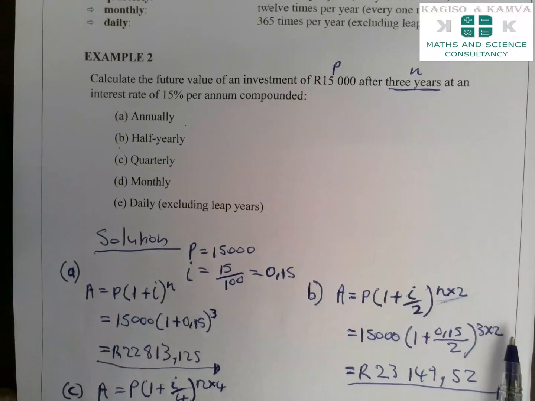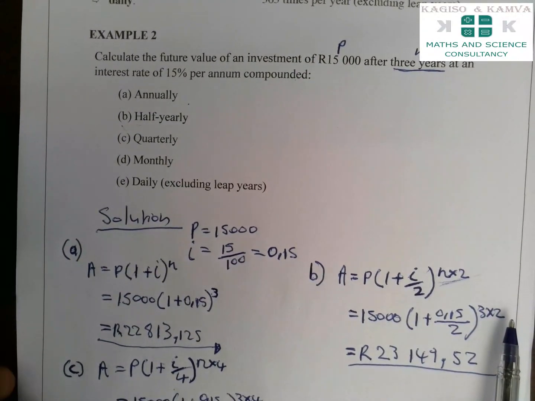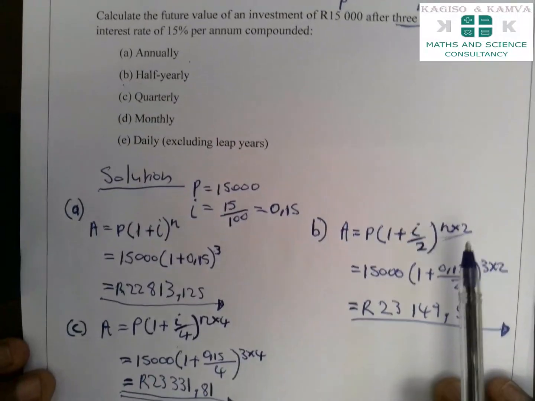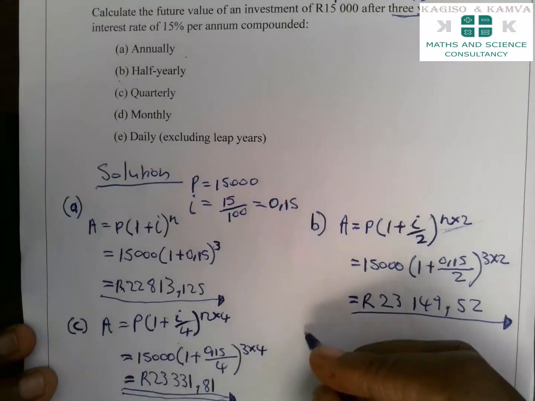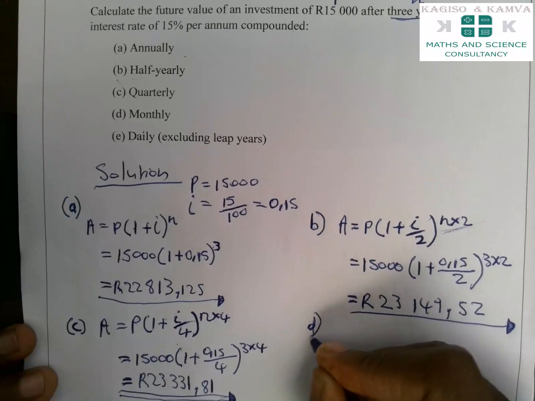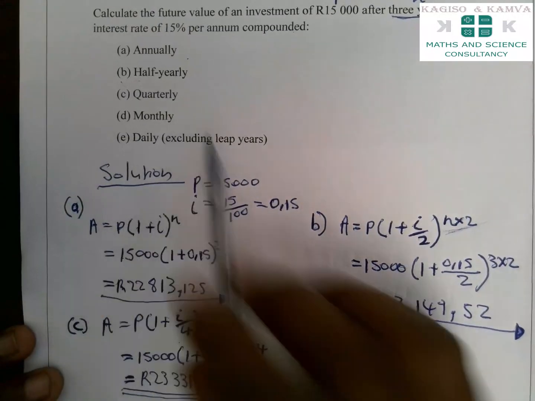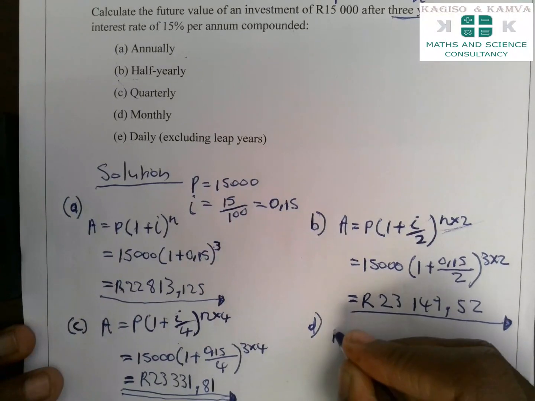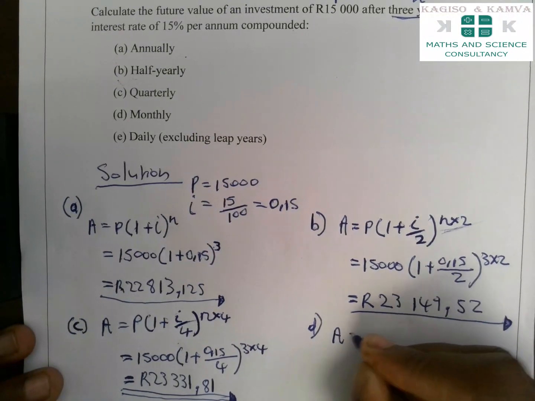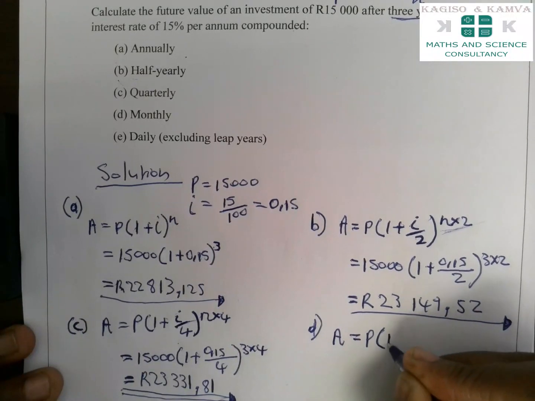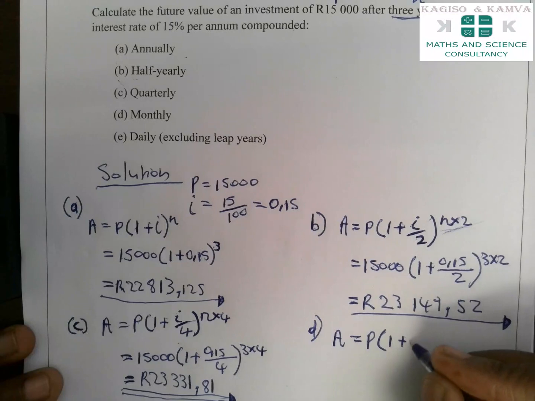So let us come to do monthly, D. What happens if our interest is per annum but is compounded monthly? We still do the same: A equals P into (1 + i).